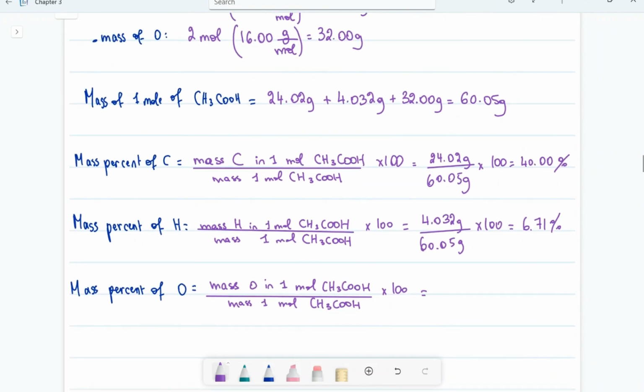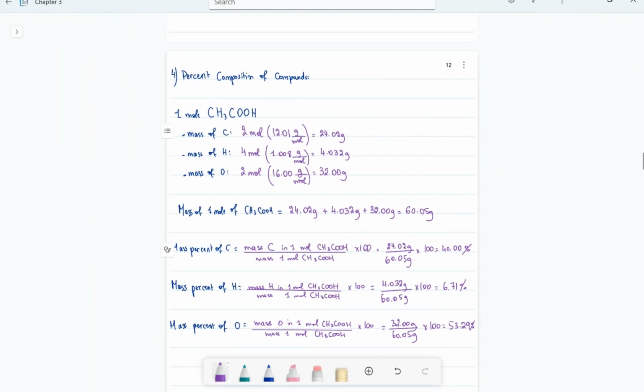This would give us 32.00 grams divided by 60.05 grams times 100, which is 53.29%. And this is how we find the percent composition of compounds.